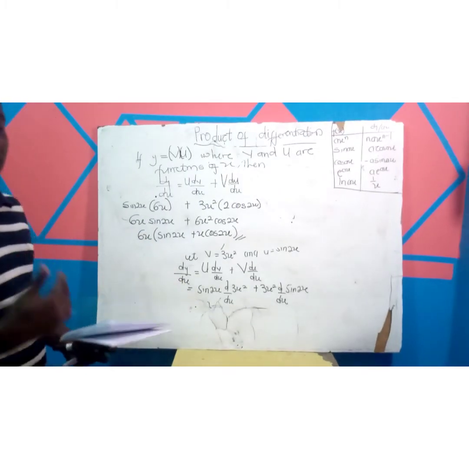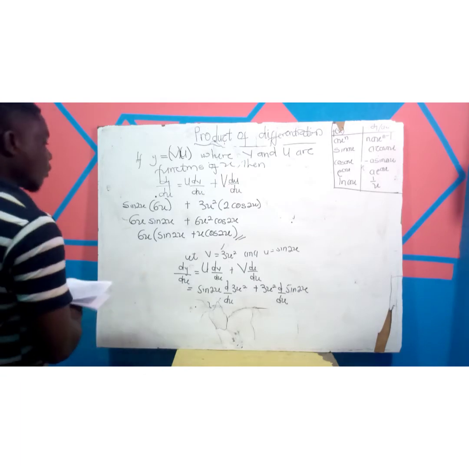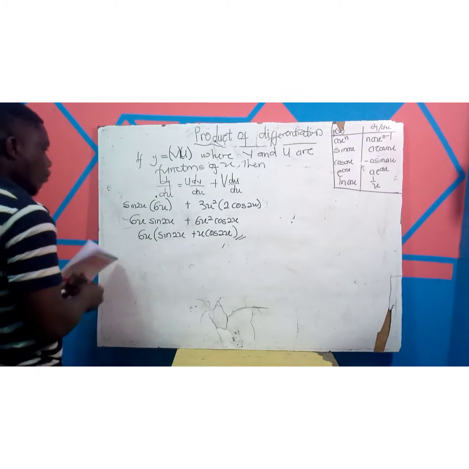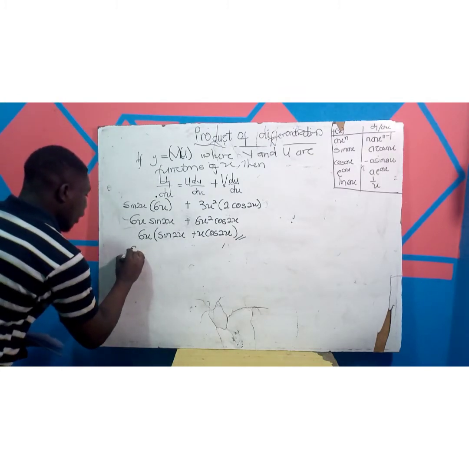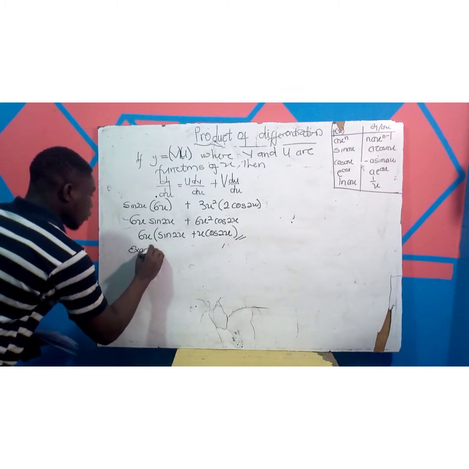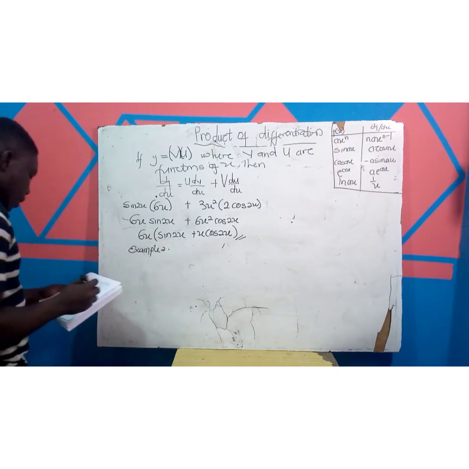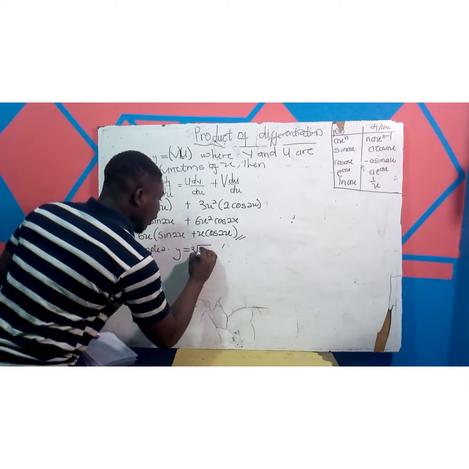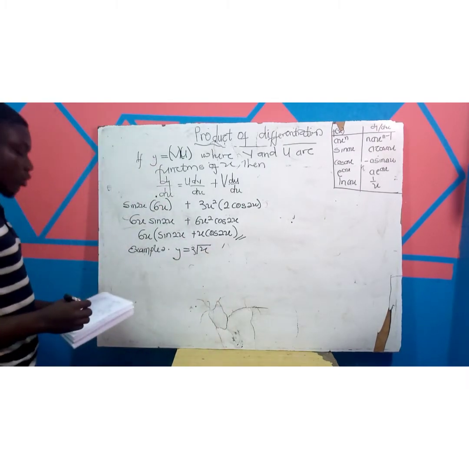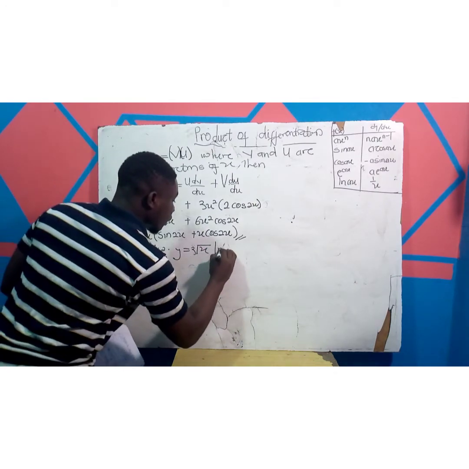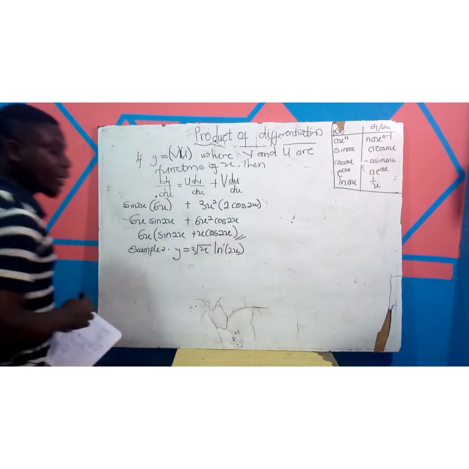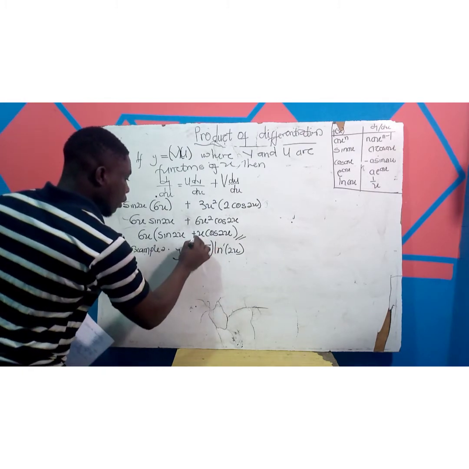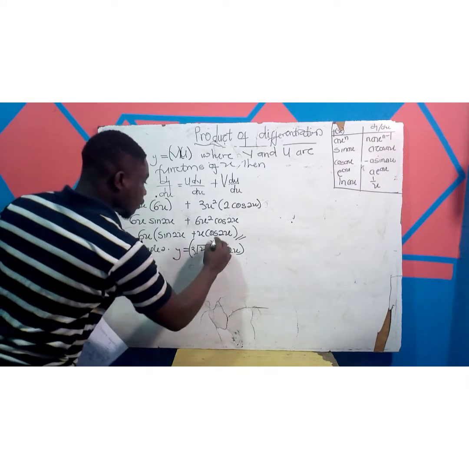Let's take another example. Example 2. Let's say y is equal to 3 root x into ln 2x. Now looking at these two, we can see it's a product of two functions.